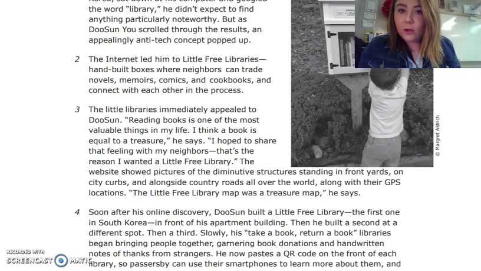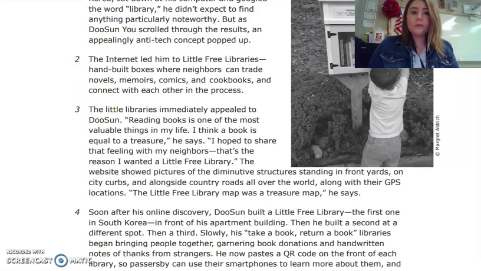And when I look even closer at the picture, it says little free library. And then it says that they can connect with each other in the process. I'm curious about how they can connect with each other, so we'll see.